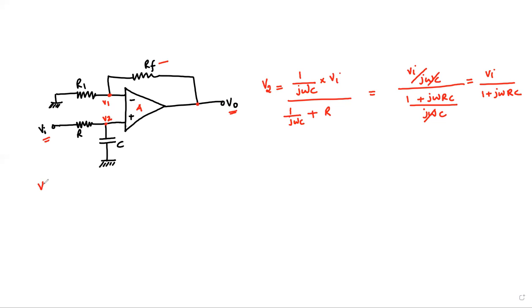So output voltage, then we know that it's the non-inverting configuration of the operational amplifier. So output voltage is given by 1 plus R2 over R1, but we have RF here, so let's call it R1 and let's call it R2.